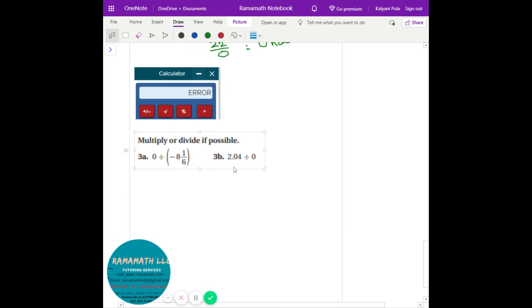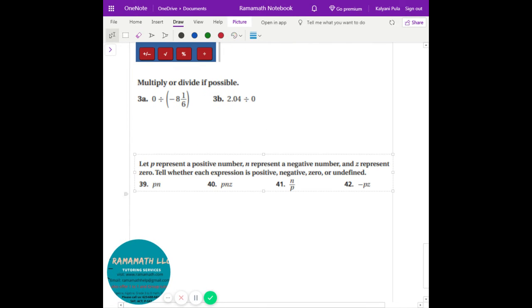So 0. How about 3b? We can't do it. That's right. So it's always really important to pay close attention. If you have a 0 there, then you have to be very careful whether the answer is 0 or undefined or error. We can't do it. So you need to be very careful with that.